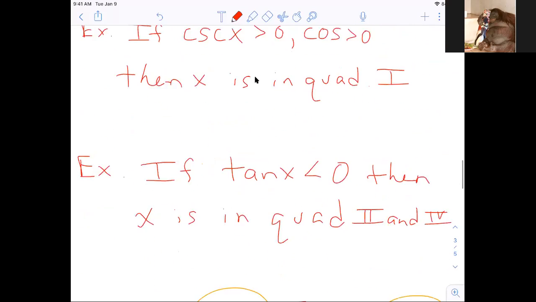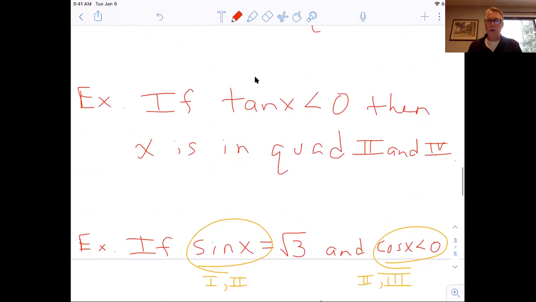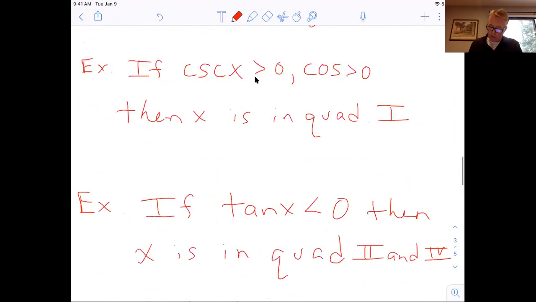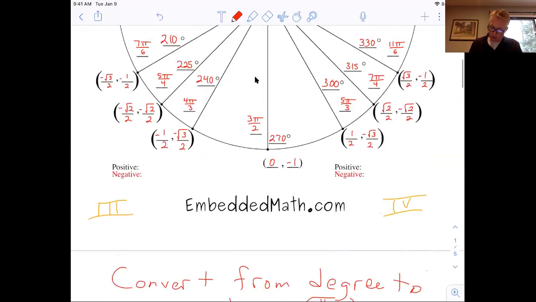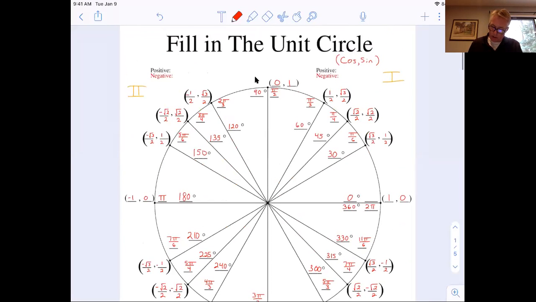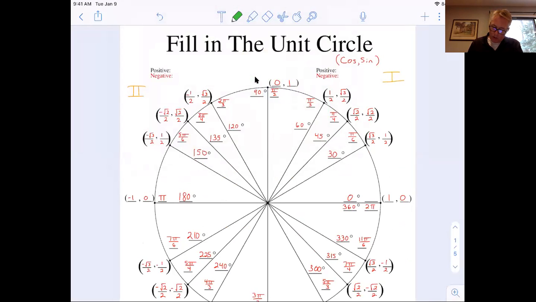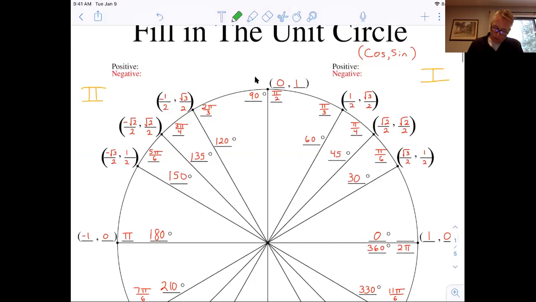The tangent is the sine over the cosine, okay? So let's go back to our unit circle here. In this second quadrant, the sine, which is the y value, would be positive, and the cosine, which is the x value, would be negative.